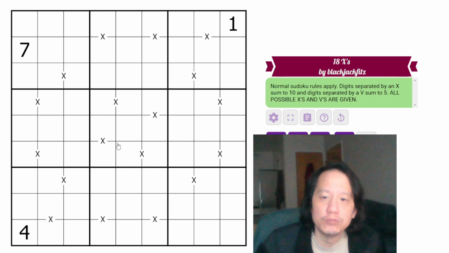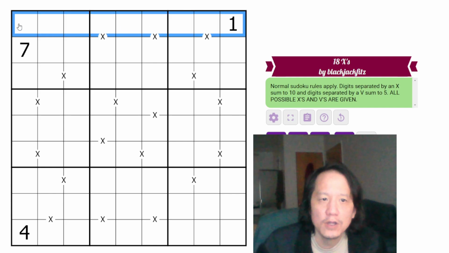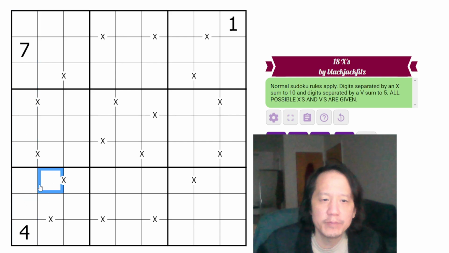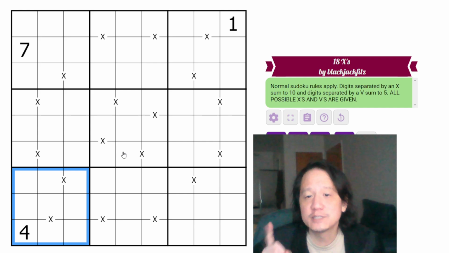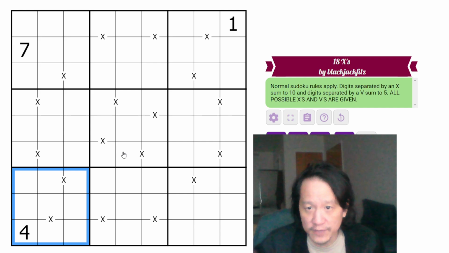Normal Sudoku rules apply, which means place the digits 1 through 9 once each in every row, column, and box. Digits separated by an X sum to 10. And digits separated by a V sum to 5. All possible X's and V's are given.